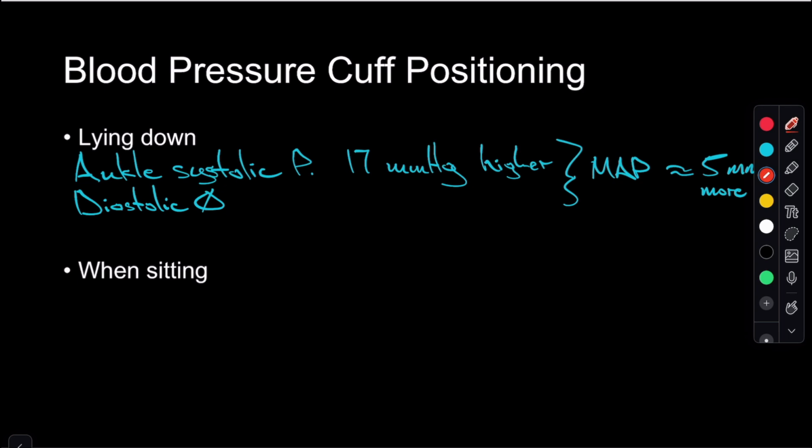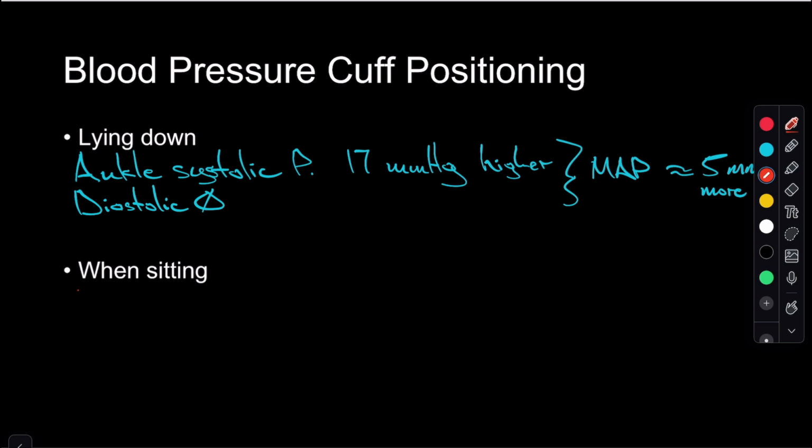So a similar idea to this is positioning. If you have a patient in beach chair position, so they're sitting upright, the pressure is going to vary depending on where you're measuring it.